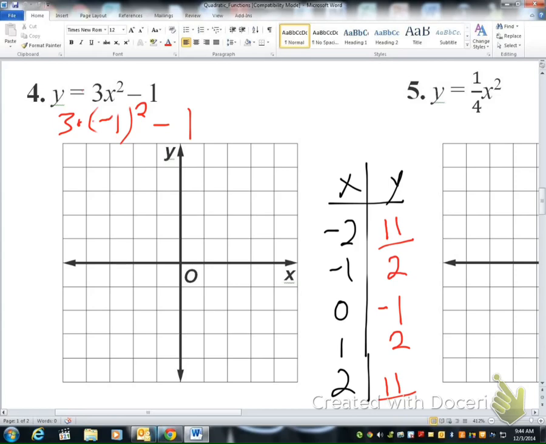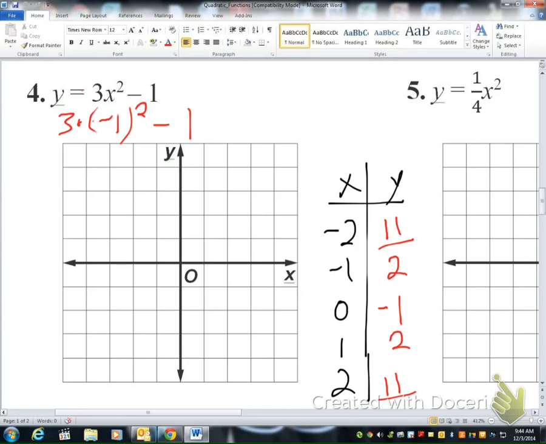Now, one thing you need to be clear on. I can count by 3s or 2s on y and still count by 1s on x. Your x and y do not have to be labeled the same way. Just because if I counted these by 3s, then my graph would be all in between these lines, right?